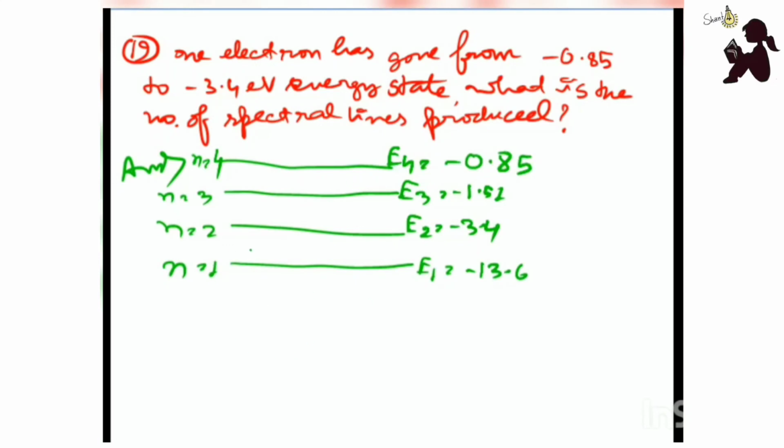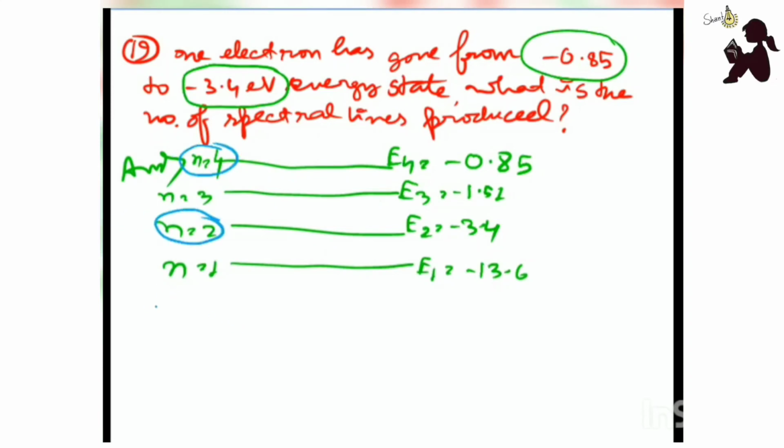So they have said that the electron has gone from minus 0.85 to minus 3.4. That means it has gone from n equal to 4 to n equal to 2, right?